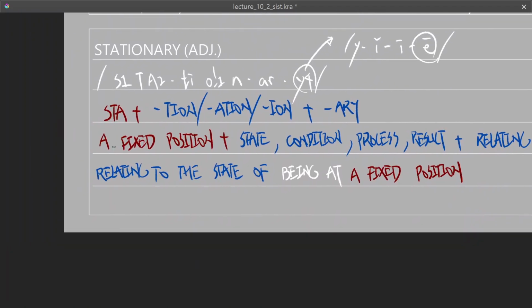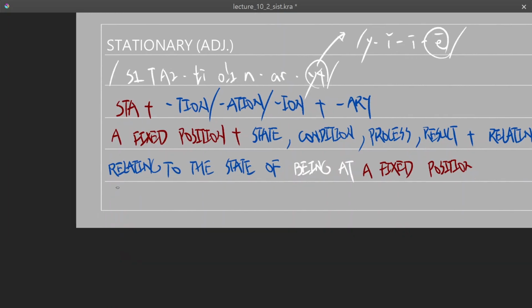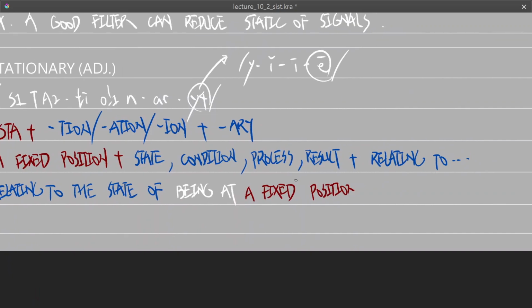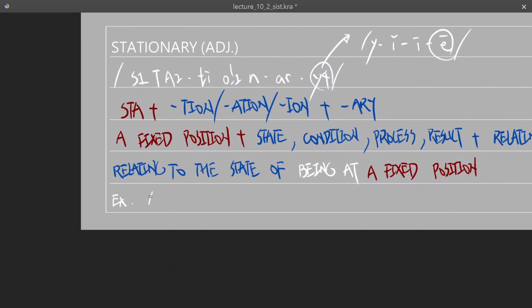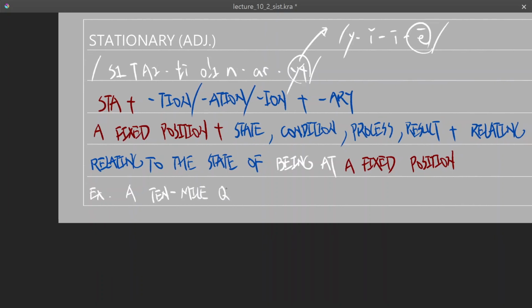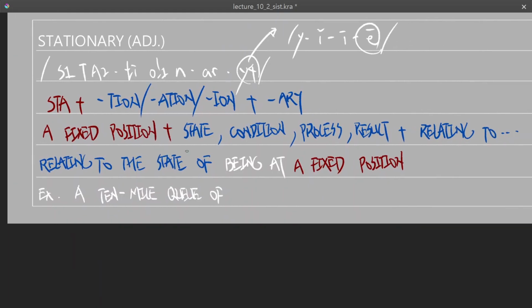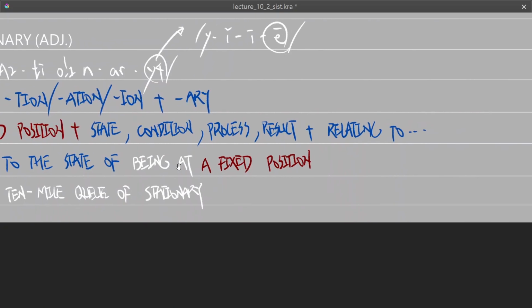Cool. So, for example, we could say a 10-mile queue of stationary traffic.